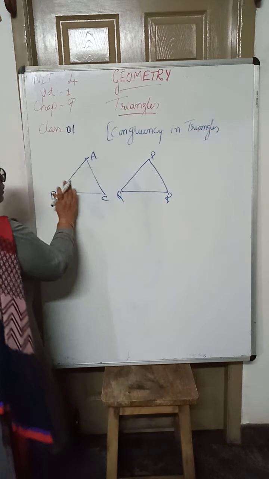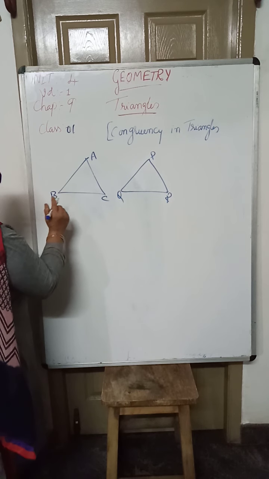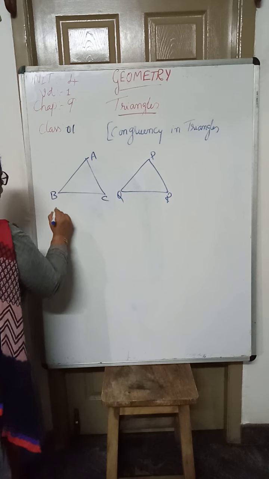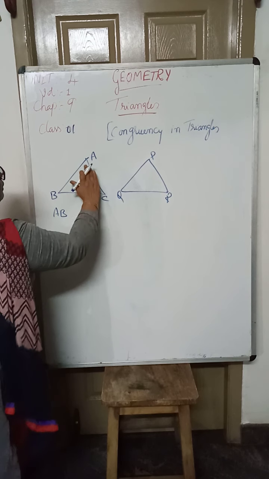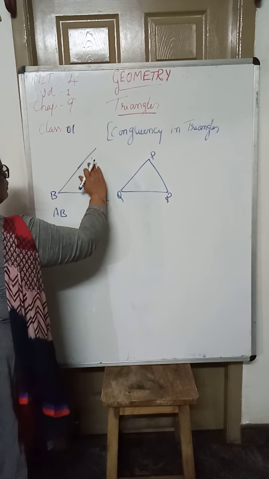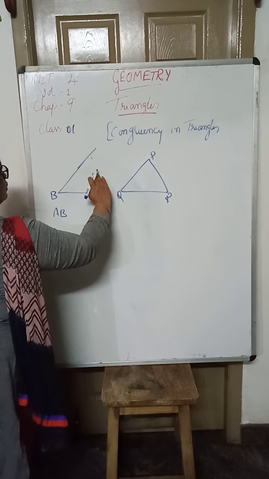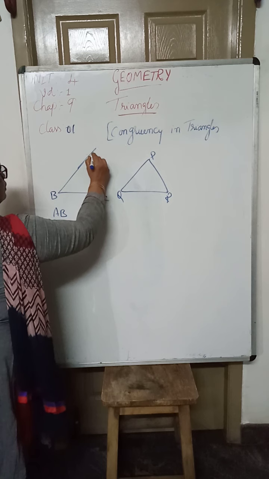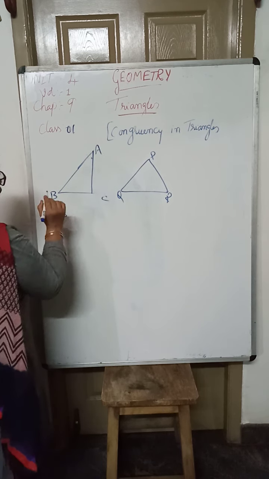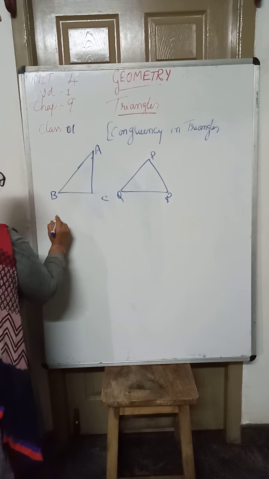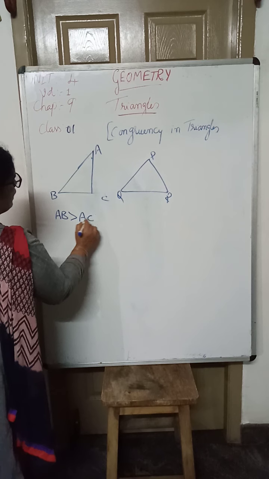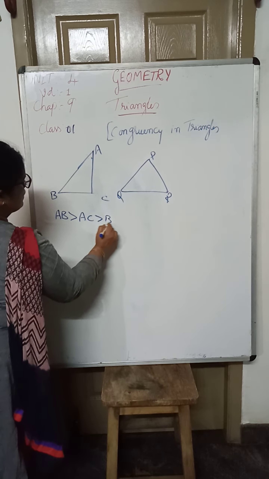Before we go to this, let us stay with triangle ABC. Looking at the triangle, we come to know that AB is greater than AC and AC is greater than BC.